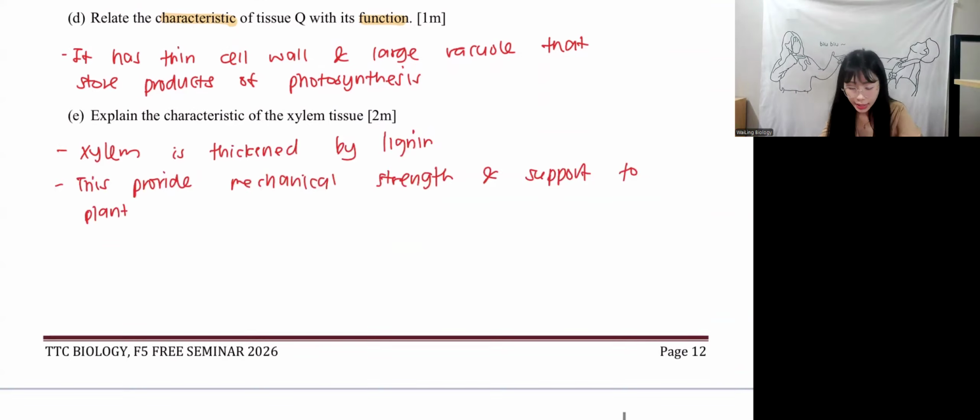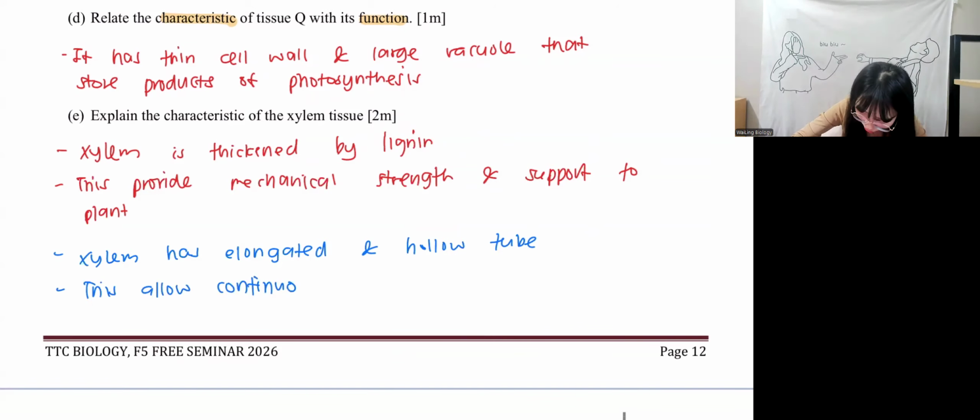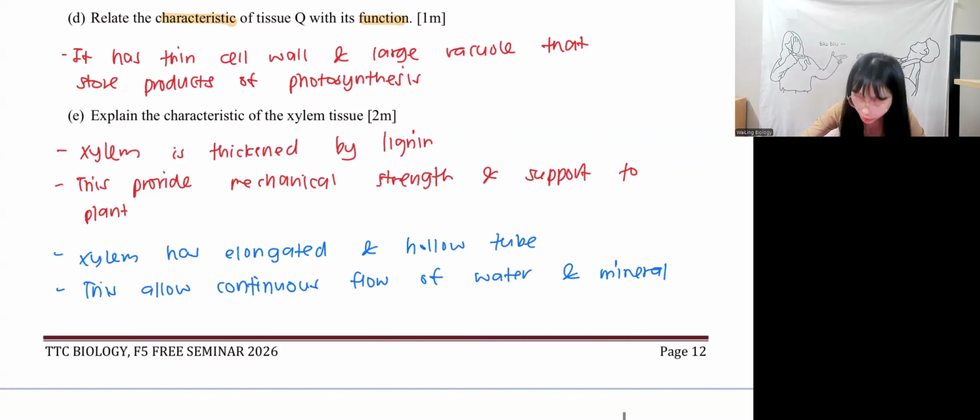If you don't want to write this, then I would suggest you to write another one: xylem has elongated and hollow tube. Long projection is only for root hair cell, it's not for xylem. This allows continuous flow of water and mineral.